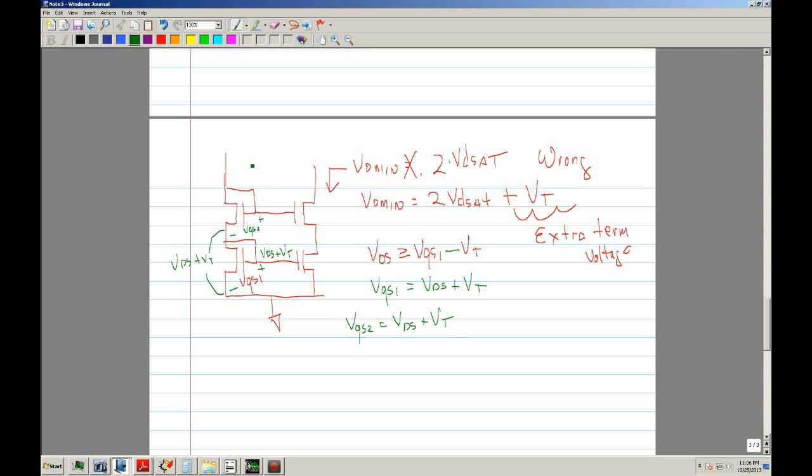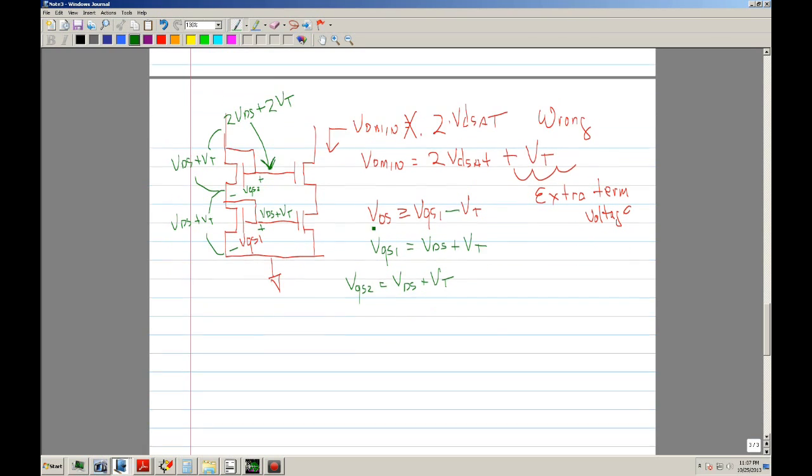That means at this point then you have 2 VDS plus 2 VTs. Basically you have this. You have a VDS plus VT from this point to that point, and then you also have another VDS plus VT from there to there. So the total VDS plus VT is right there.